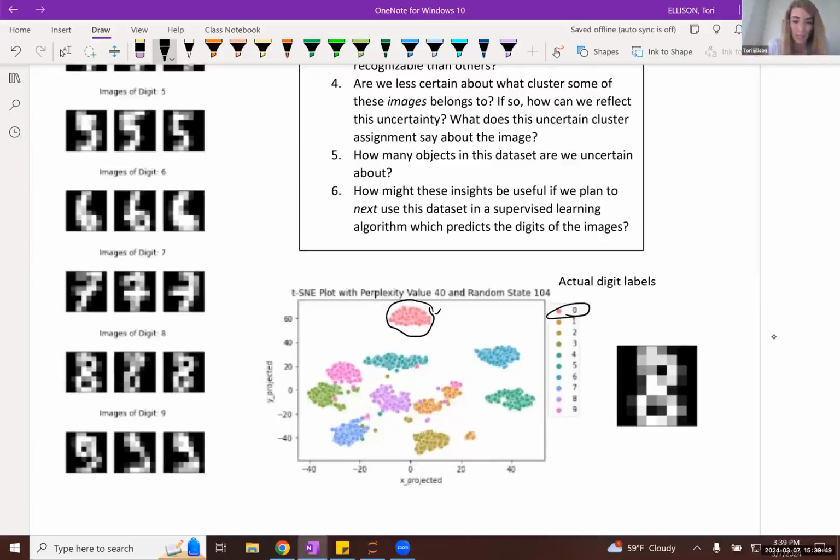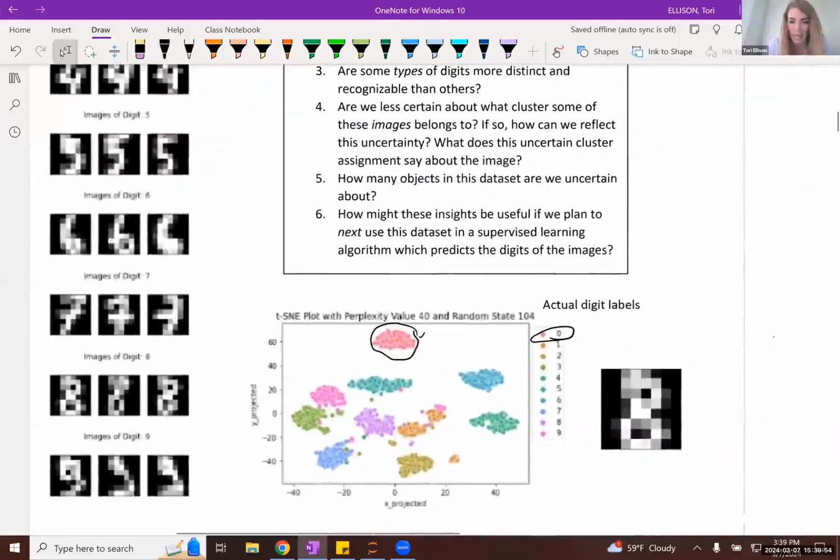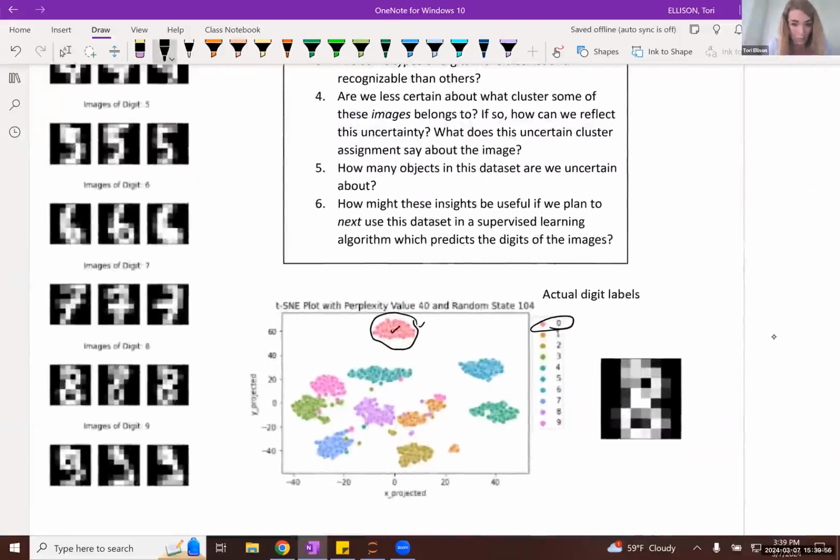Or in other words, this t-SNE plot suggested cluster is very homogeneous with respect to just one class label. And furthermore, the 0 digits are completely together in this t-SNE plot suggested cluster.